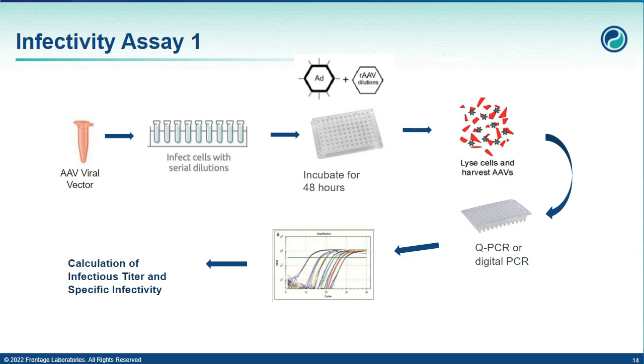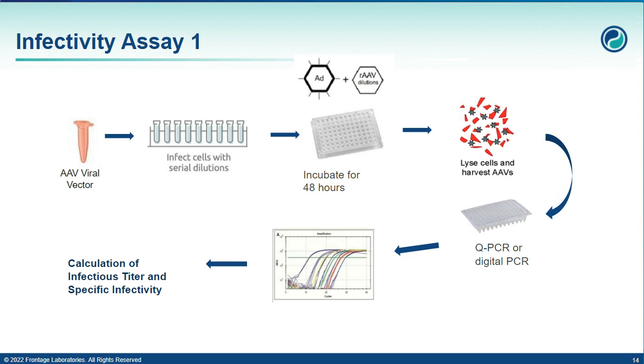Here is how we perform the infectivity assay. Prepare the AAV viral vector with a serial dilution, and then co-incubate the AAV vector with adenovirus and the cells for 48 hours.